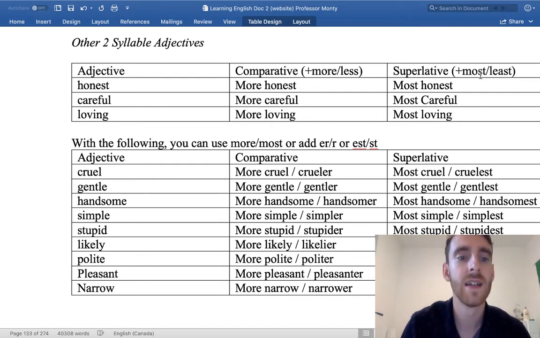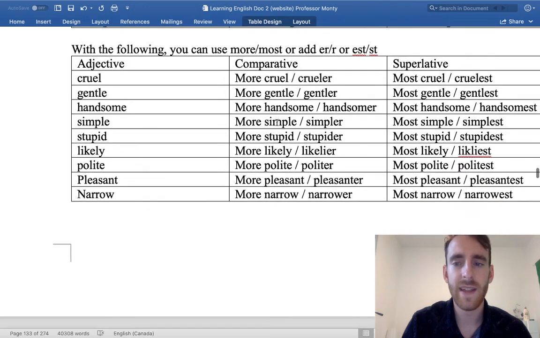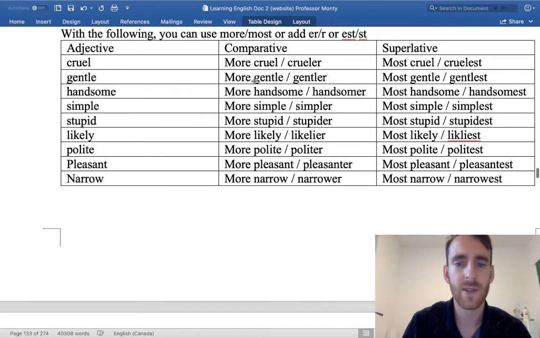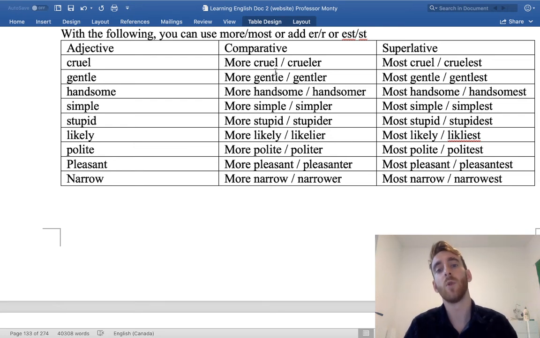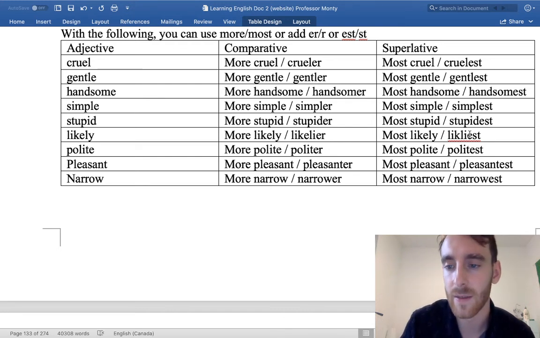Another thing, guys, now moving on, with these adjectives here, you see that there are multiple options. So I can say more gentle or gentler, or most handsome or handsomest. Okay, so these are all commonly used. I put some of the common ones on here. There may be others, but take a look at this, whichever one you like best.